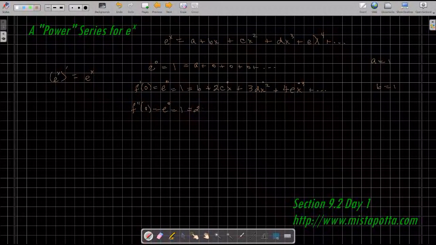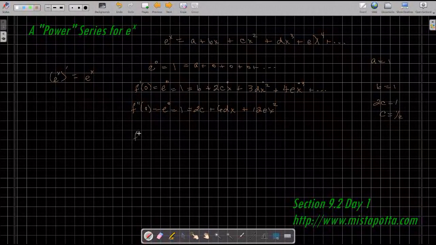This is 2c plus 6dx plus 12ex squared. And so I end up with 2c equals 1, or c equals 1/2.